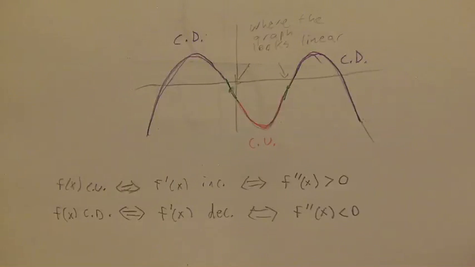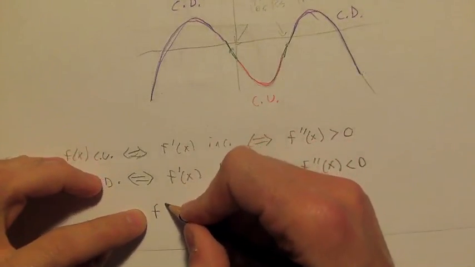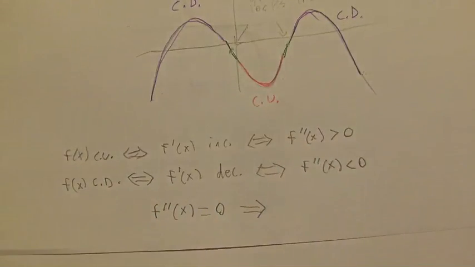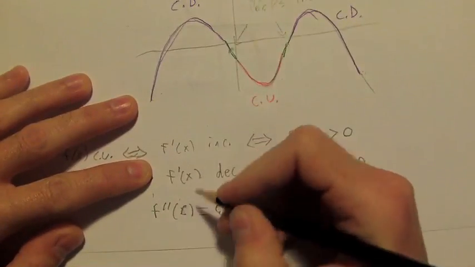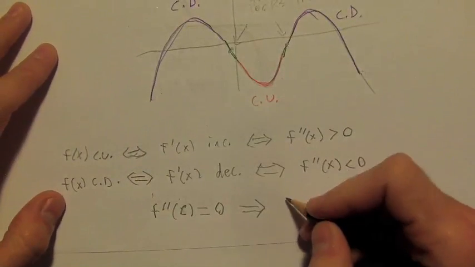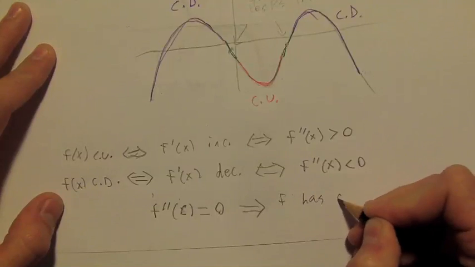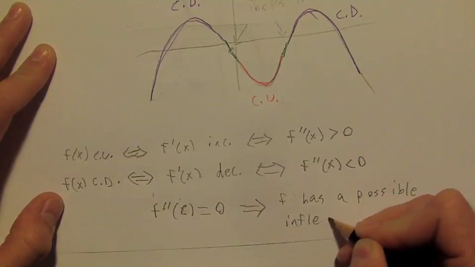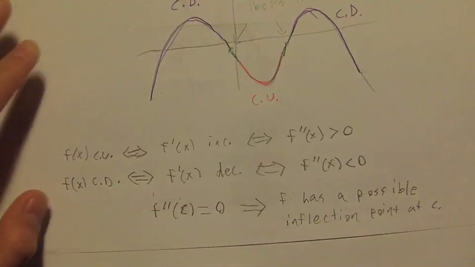Okay. And finally, in a much similar way, if f double prime of x is 0, we don't have a nice word for this like critical point, but this basically means, let me say C, it's the same idea, that f of x has a possible inflection point at C. It's still possible that it doesn't.